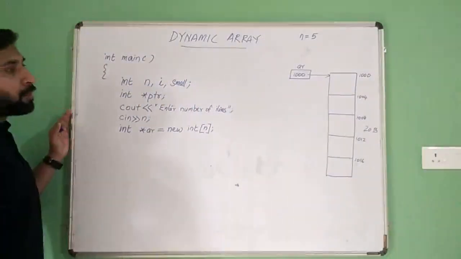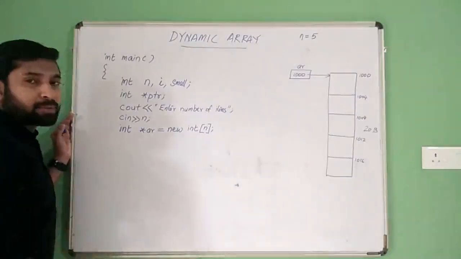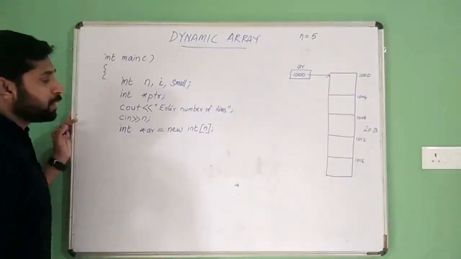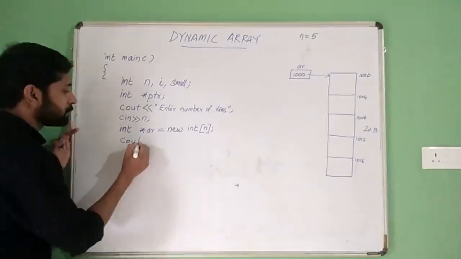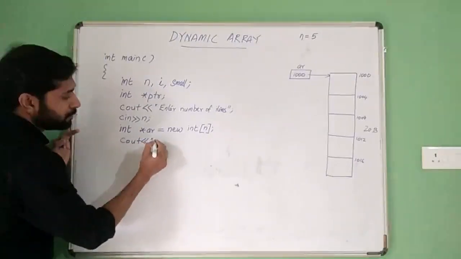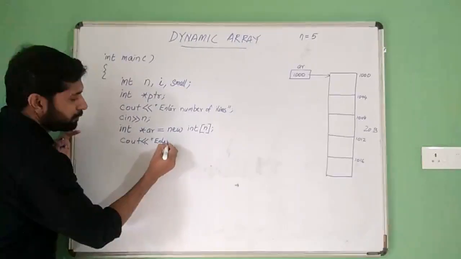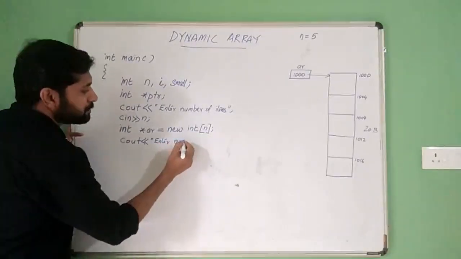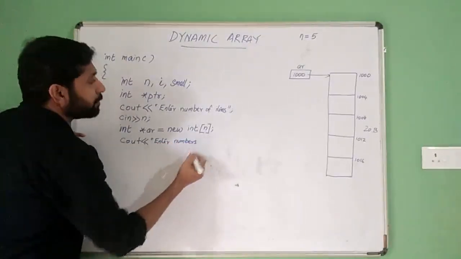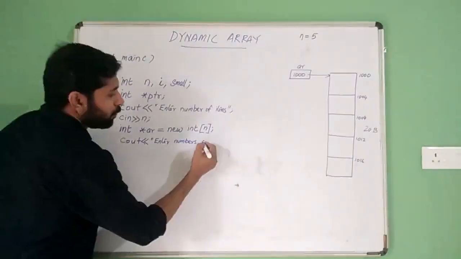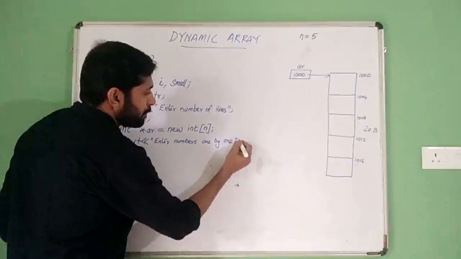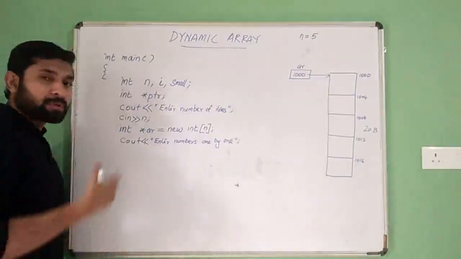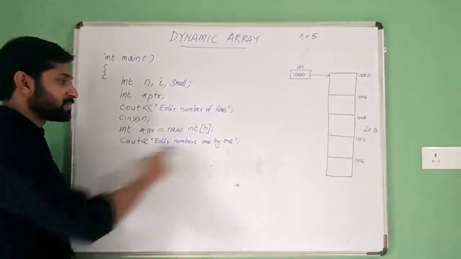Now the space is ready for storing the numbers. Now we want to input n numbers into the array. How can we input? So we are writing this cout: enter numbers one by one. Numbers are to be entered one by one. This is the message.